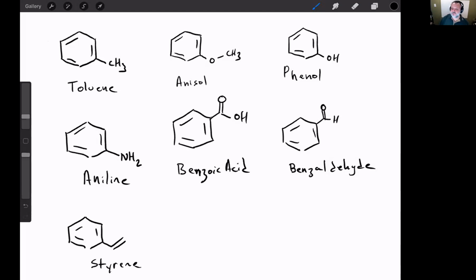Think back to the polymerization reactions that we discussed in Organic Chemistry 1. If you were going to make polystyrene, this is what you would make it from. And the last one that you have to know is acetophenone.